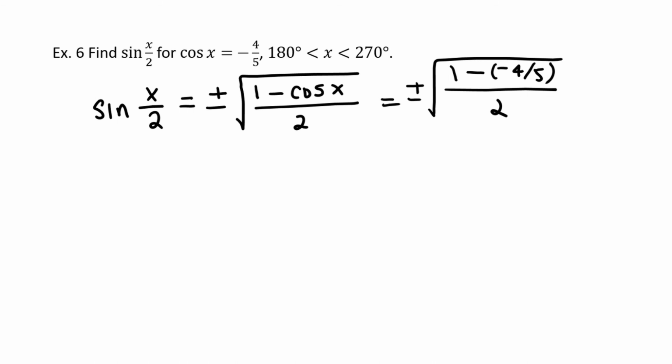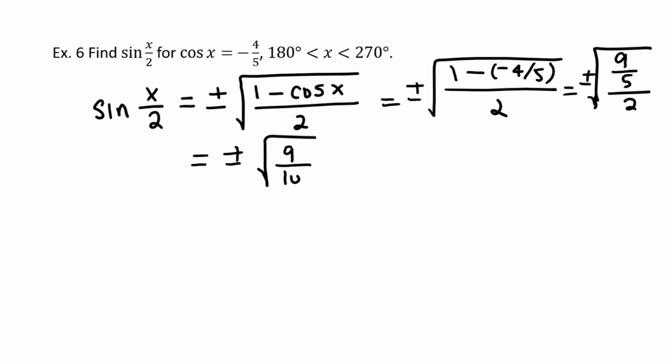Let's simplify some more. So we got plus or minus. Then 1 minus negative would be 1 plus 4/5. So 5 over 5 plus 4 over 5 is 9/5. And that is still all over 2. Clean that up a little bit more, and we get plus or minus the square root of 9 over 10.